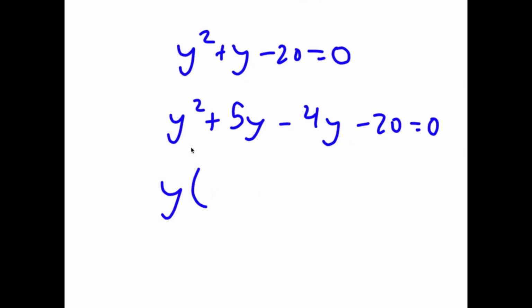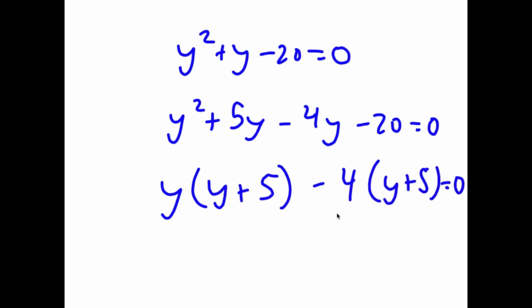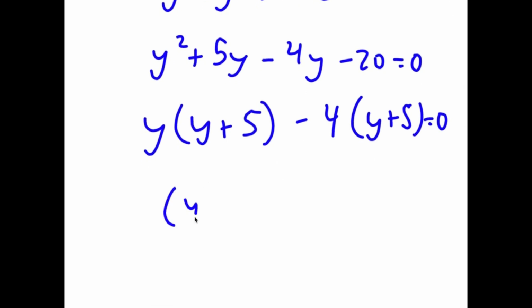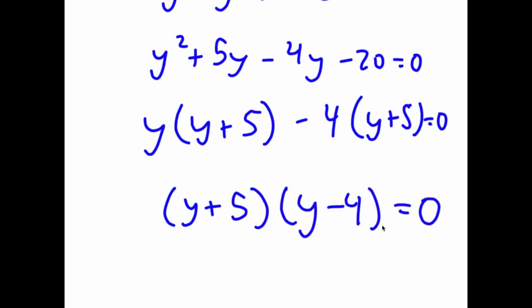Now if I factor out y from y squared plus 5y, I get y times (y plus 5). And if I factor out negative 4, I get negative 4 times (y plus 5) is equal to 0. So now I have (y plus 5) times (y minus 4) equal to 0.